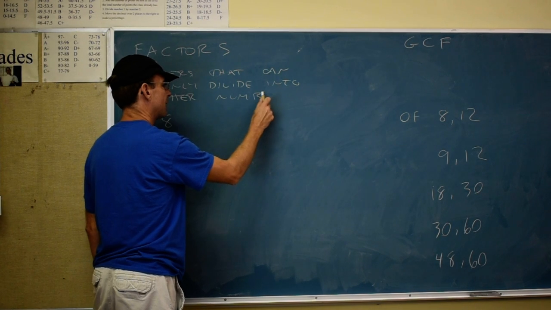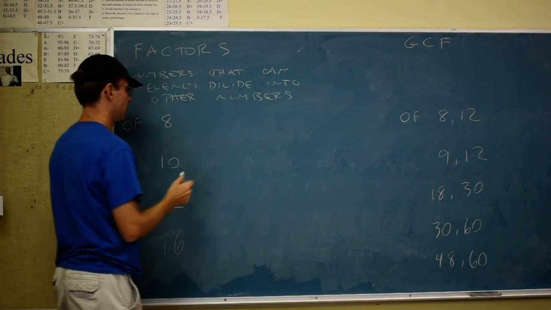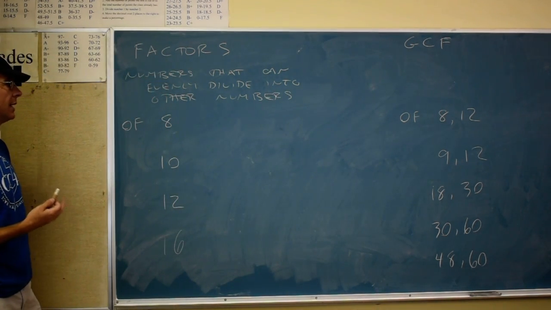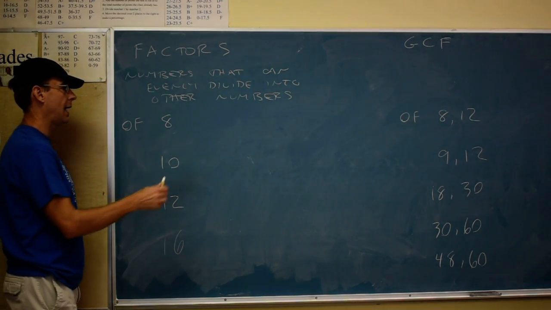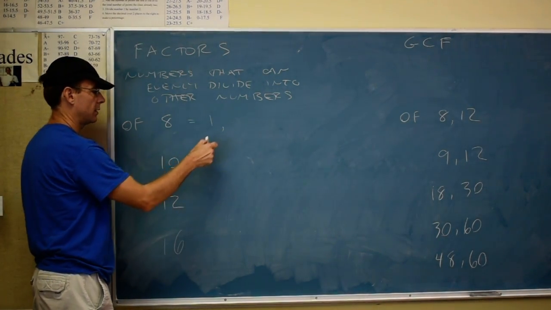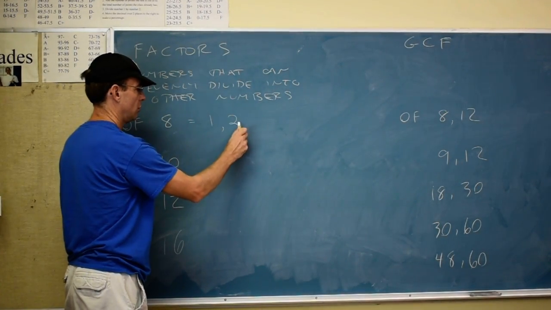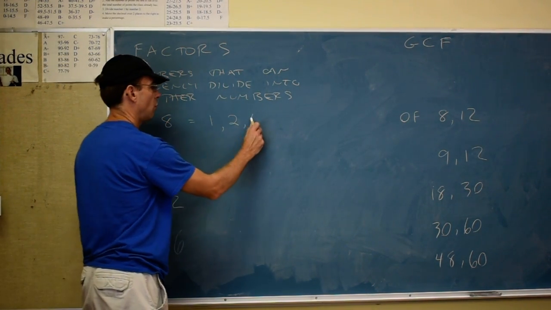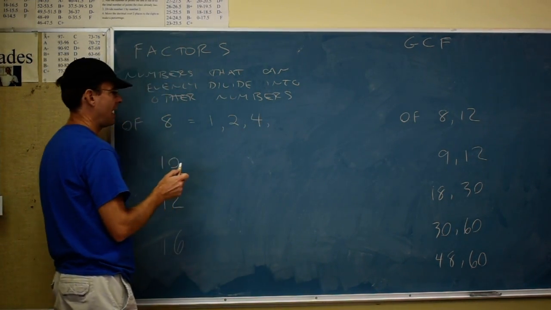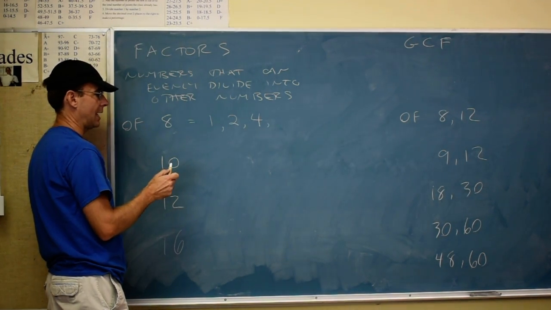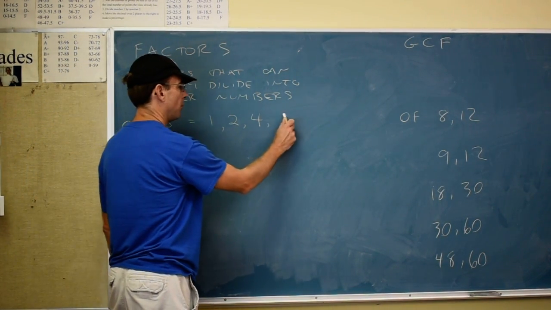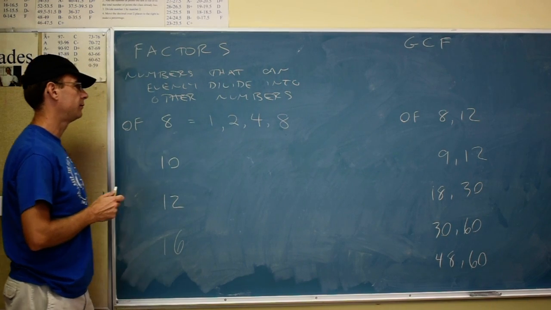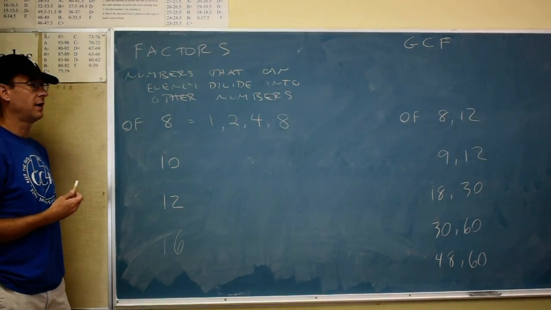So when I'm asking you to find the factors of 8, I'm asking you to list every number that can go into 8. 1 can go into 8, 2 can go into 8, but 3 can't, 4 can, 5 and 6 and 7 can't evenly, but 8 can. Those are the factors of 8.